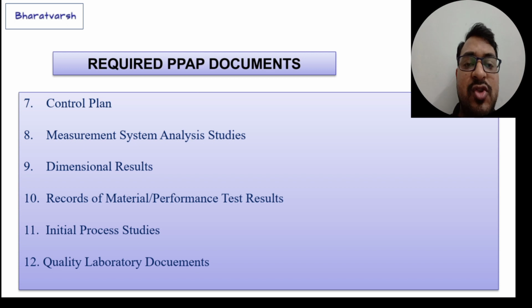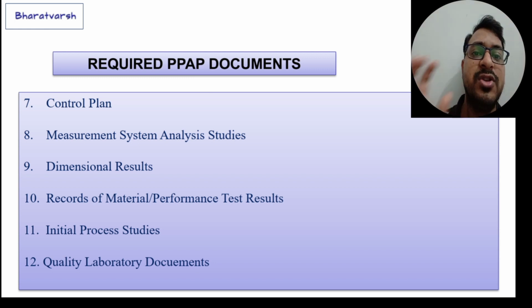Either it is approved by the customer, or it can be approved by an accredited laboratory, like NABL. So in quality laboratory documents, those types of documents are coming, related to the calibration of the inspection instruments or testing instruments.